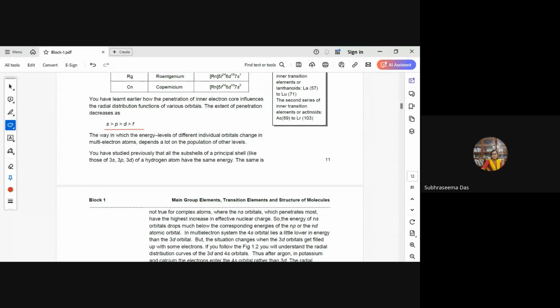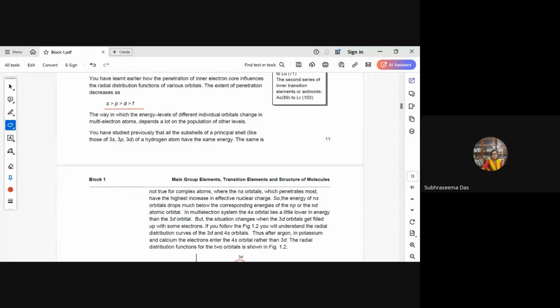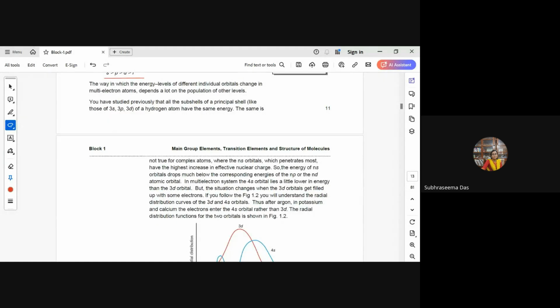However, this is not true for complex atoms. When we consider complex atoms, the ns orbitals penetrate most, and that is why they have a higher effective nuclear charge. We will gradually come to know what effective nuclear charge is, and how the filling of electrons in an orbital takes place. That is why the electrons enter the 4s orbital rather than the 3d orbital.